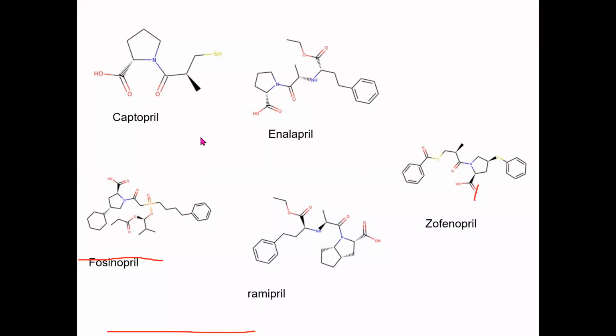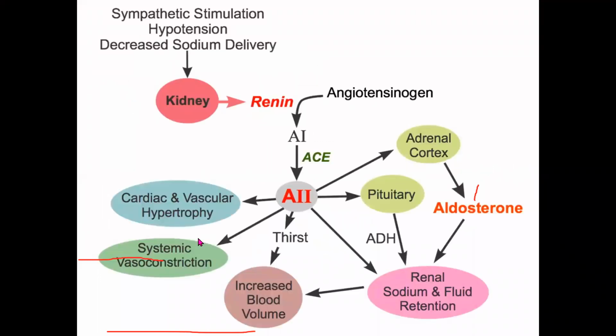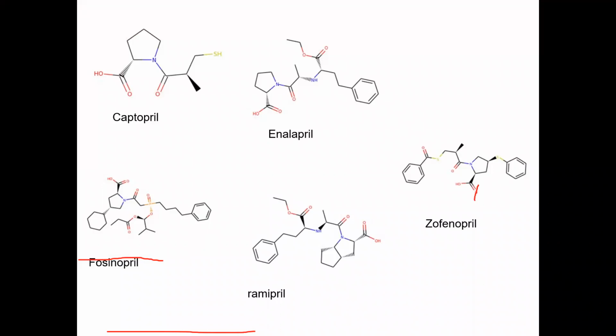Two acceptors means two oxygens, you can see, no?